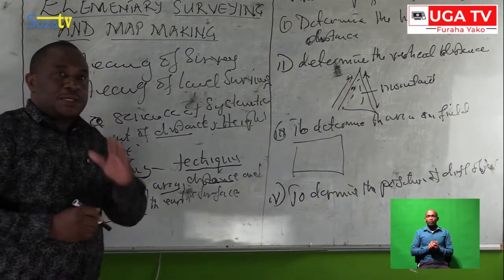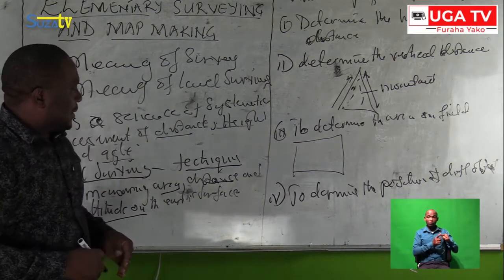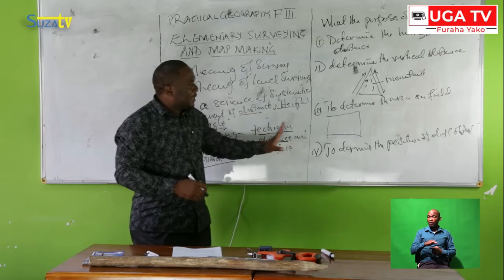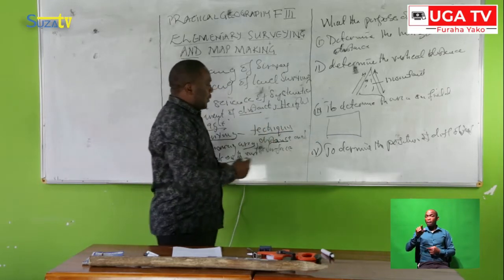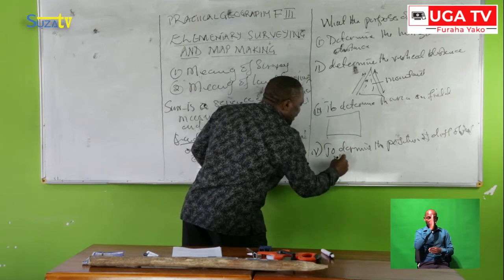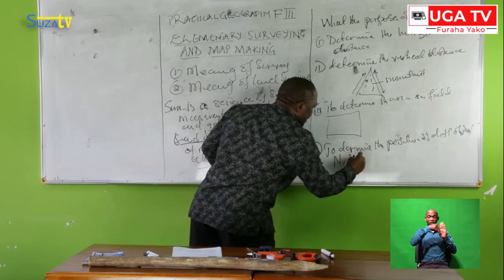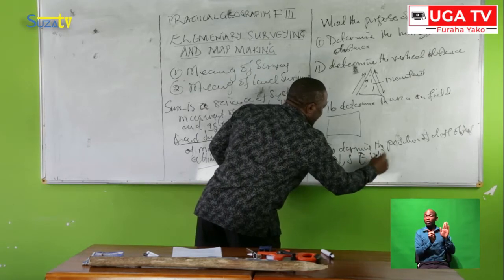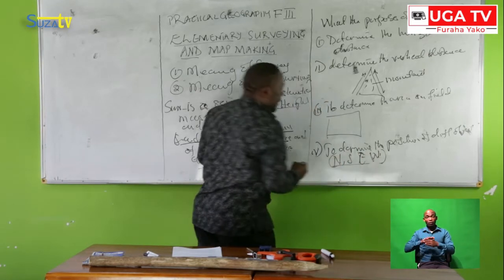Also, one among the branches we can discuss later is compass survey. A compass can be used to find north direction, south direction, and east and west. So we can use it in a compass.